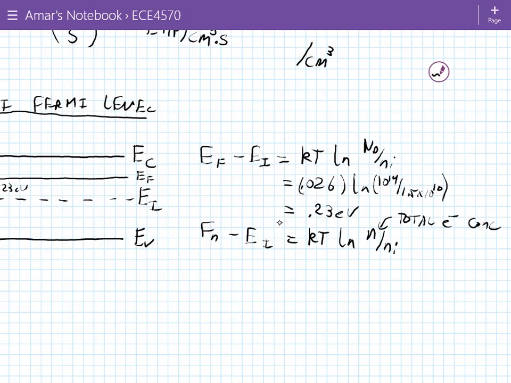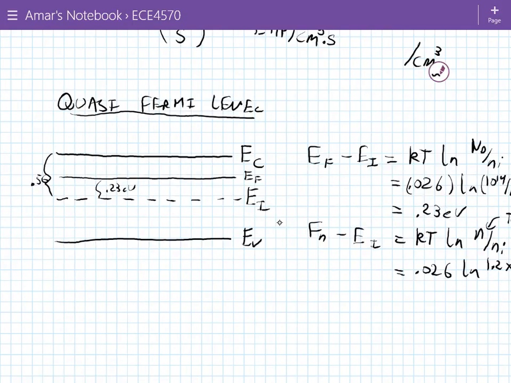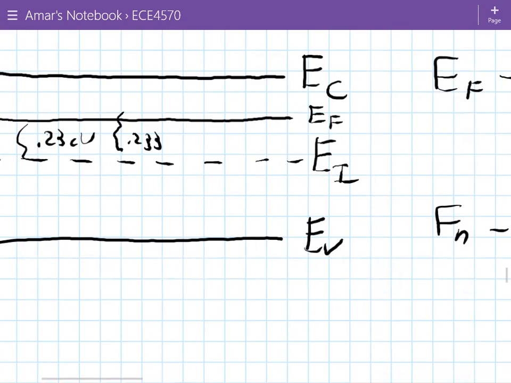All right, so this is 0.026 ln of, what was it? 1.2 times 10 to the 14th over 1.5 times 10 to the 10. 0.233. Thank you. All right. This is 0.233. So what will happen is this.